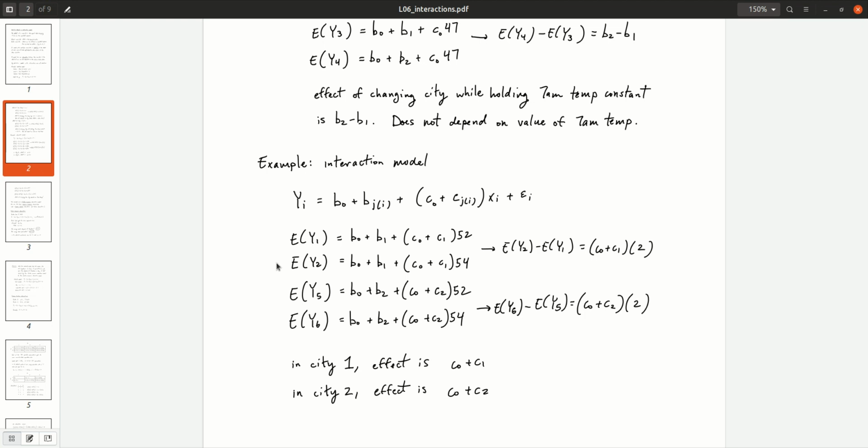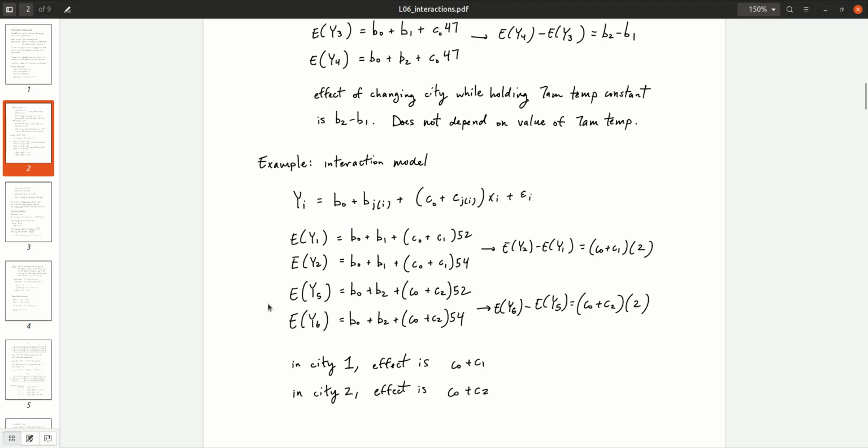If we're thinking about what this difference represents, it's the effect of changing the 7 a.m. temperature by 2 degrees in city 1. We look at that difference, we get C0 plus C1 times 2, because the B terms cancel, and these don't cancel. So it's going to be C0 plus C1 times 2.